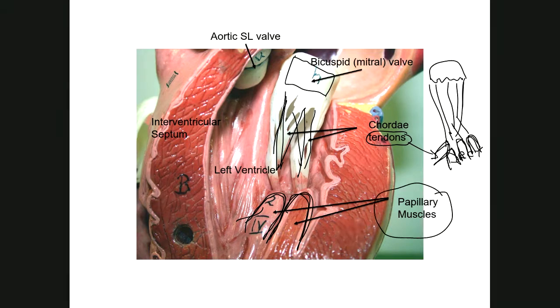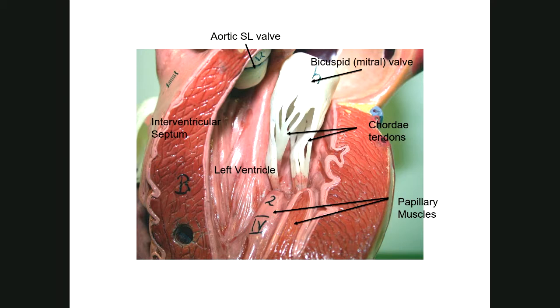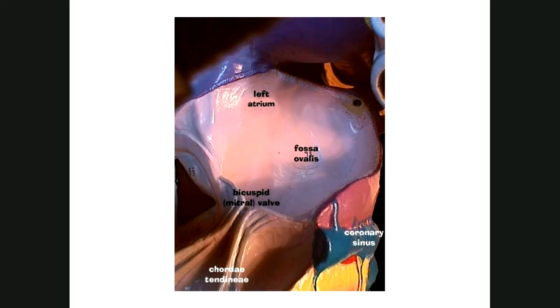So we have the valve, we have the chordae tendons, and we have the papillary muscles. And that's true on both sides. Now this one's the bicuspid, but it's also true for the tricuspid. So if we look, there's the valve right there. All right, there's the valve.